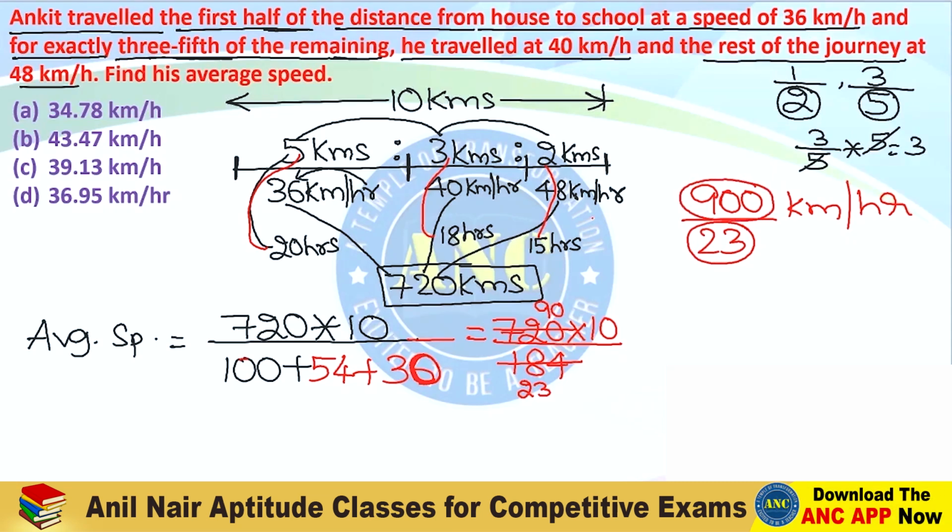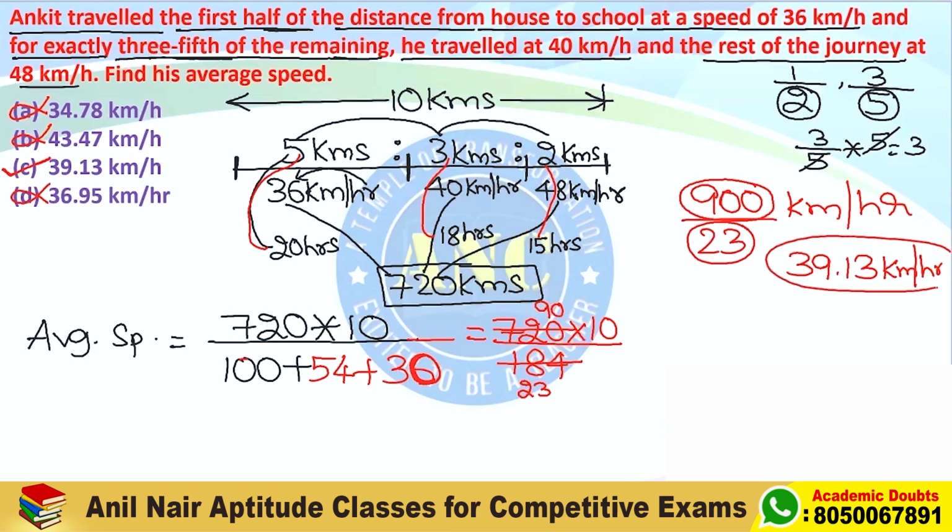Answer should be slightly less than 40, which should be 39.13. It is more than 40, ruled out. It is also too much less than 40. Very close to 40, 39.13. You can check it in a calculator. I just did it by approximation. 900 by 23 should be somewhere around 39.13 kilometers per hour.